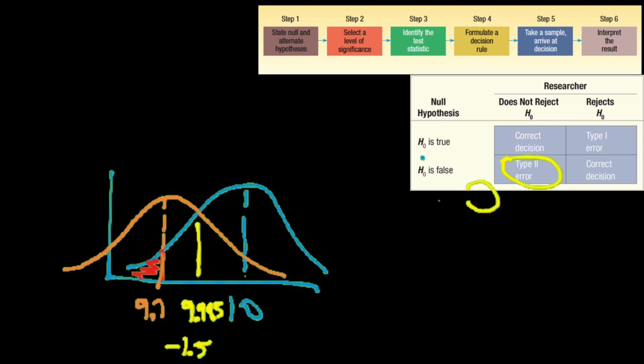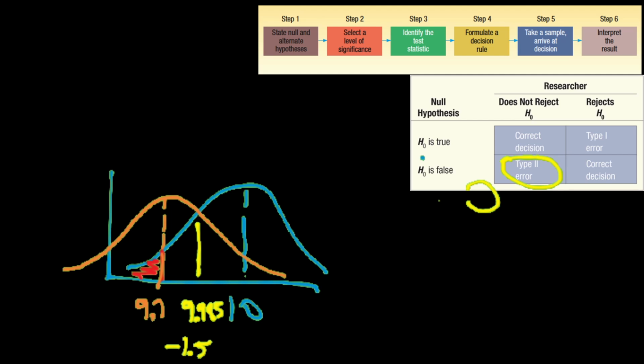But when we set up our initial steps 1 through 4, we don't have a way to predetermine what the type 2 error is. But we do want to keep in mind both of these errors, type 1 and type 2, not only when we are building the test that we're going to run, but also when we interpret the results at the end, that there is a chance that we've made one of these two types of errors.